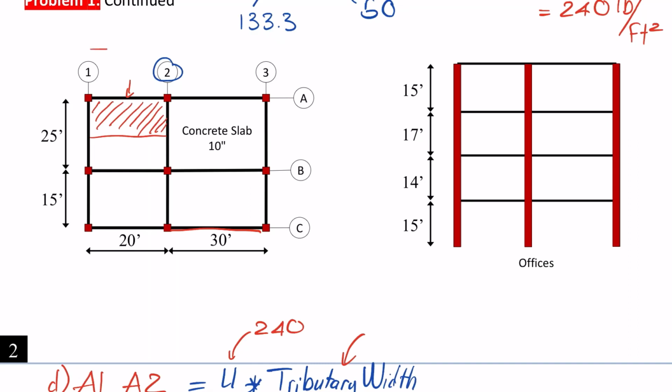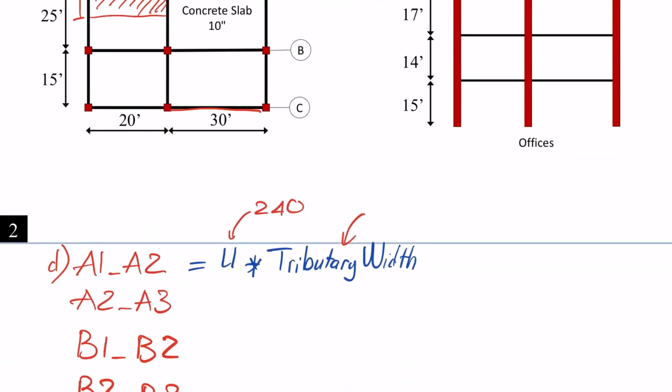The length of this one is from here to here, that is 20 feet, and the width of this one is 25 divided by 2, which is 12.5 feet. By the way, this one is pounds per square feet, so we have feet and then feet over here. So that works.